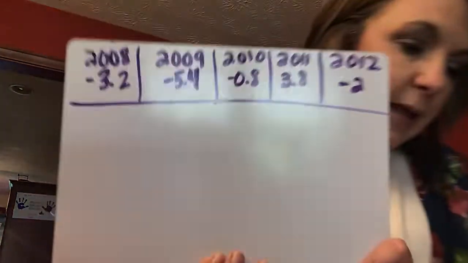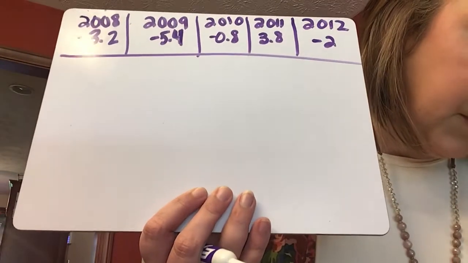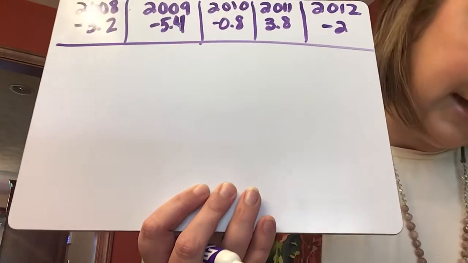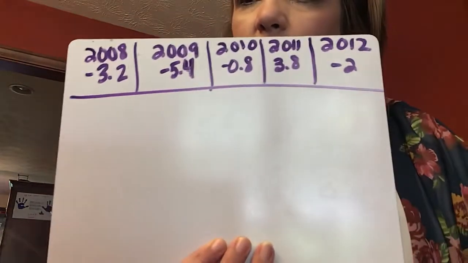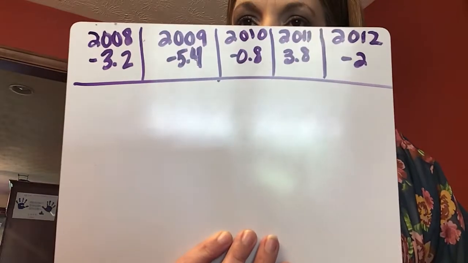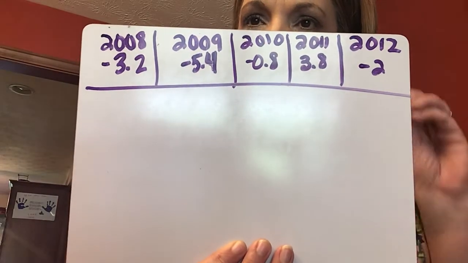Okay, so we need the absolute value of 2009. So 2009 is negative 5.4. So the absolute value of negative 5.4, how far is 5.4 from 0? 5.4.